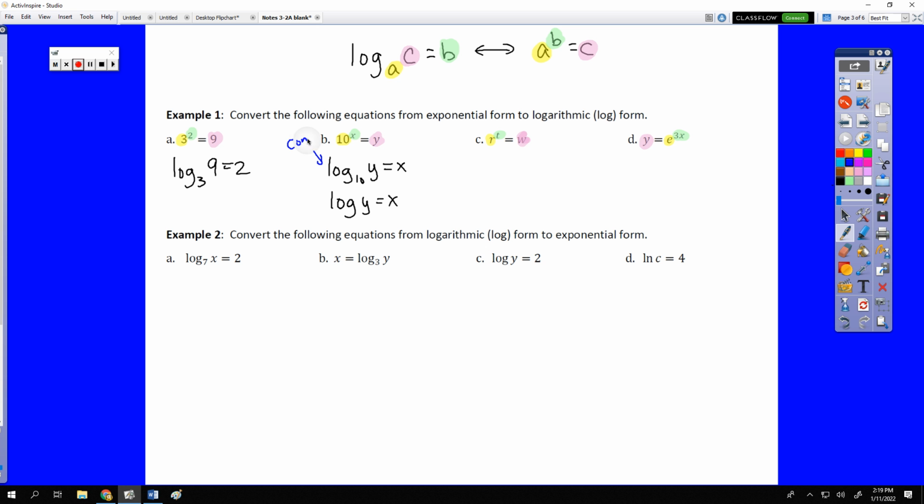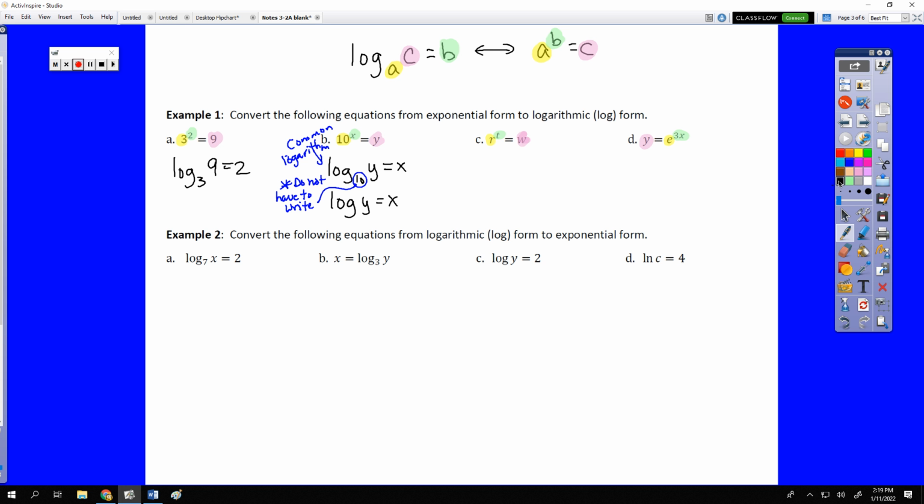The reason that is our common logarithm is that our number system is based on the number 10. So that's considered a common logarithm, and we do not have to write the 10. You can. It makes absolutely no difference whether you include the 10 or not.